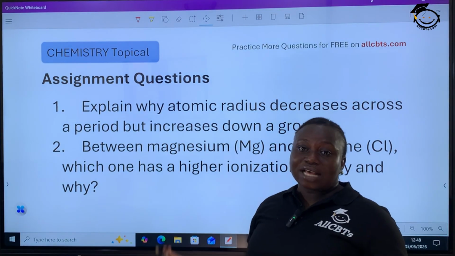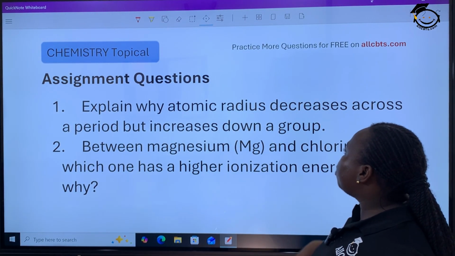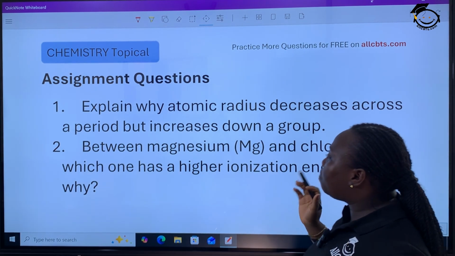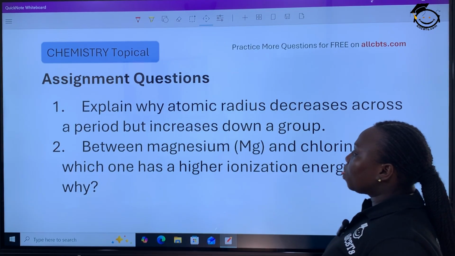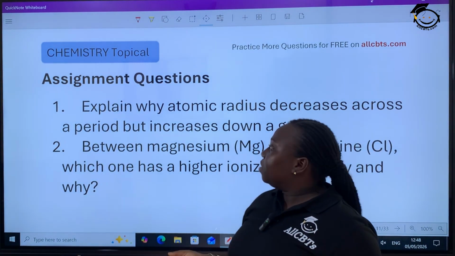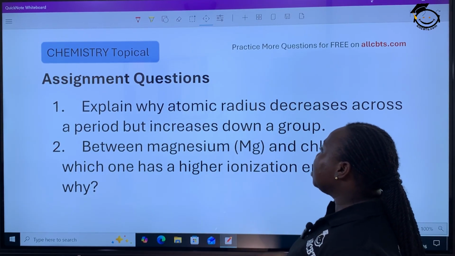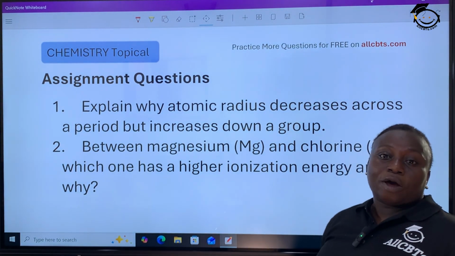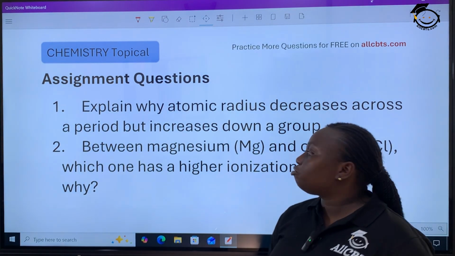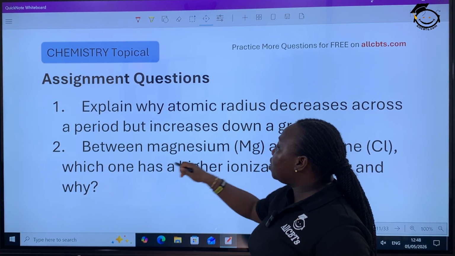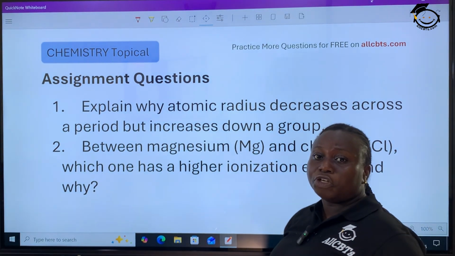Now, for your assignment, number 1, explain why atomic radius decreases across a period but increases down a group. We are going to explain why atomic radius decreases across the period and increases down the group. Make sure you drop these assignments in the comments section. Number 2, between magnesium and chlorine, you'll be comparing magnesium and chlorine on the periodic table.